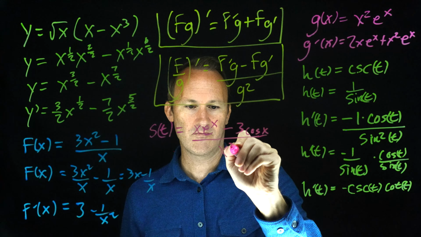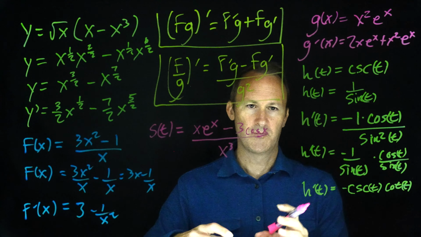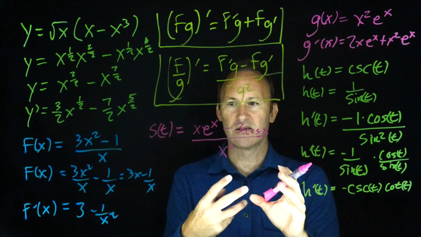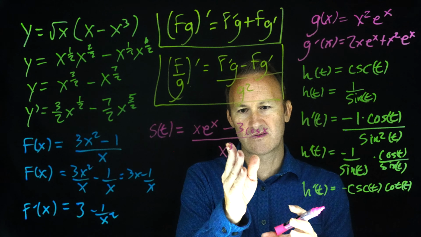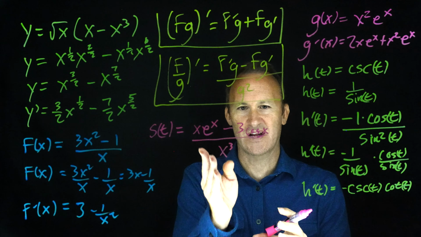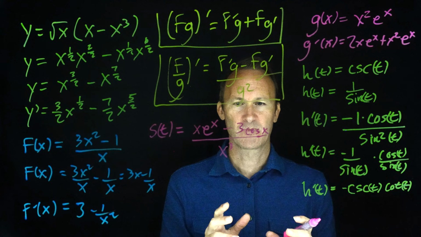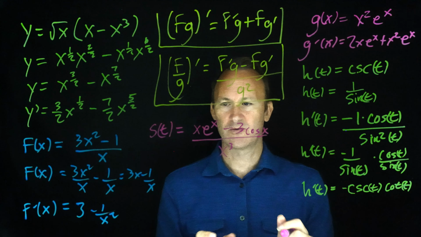This is a complicated expression, but it's set up as a quotient. Now the x cubed could cancel out one of the x's here, but then you'd be left with another one on the right side, so we're going to have to use the quotient rule.